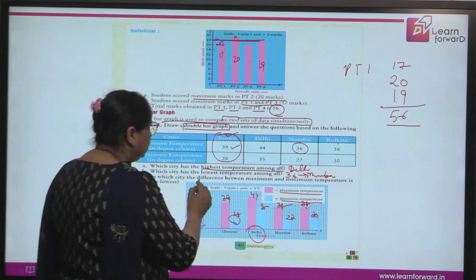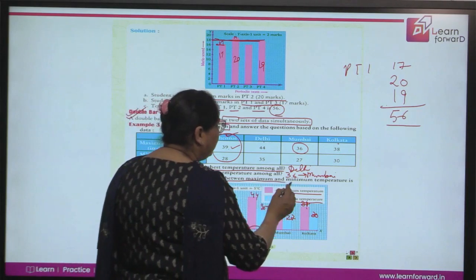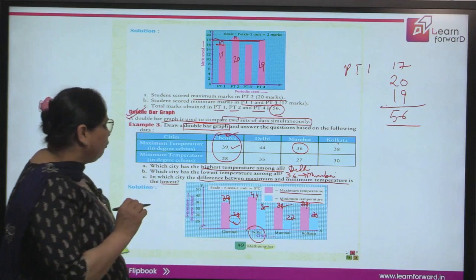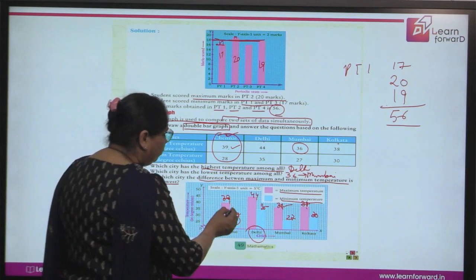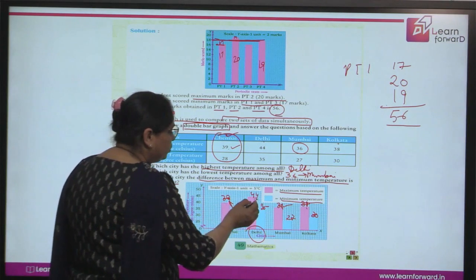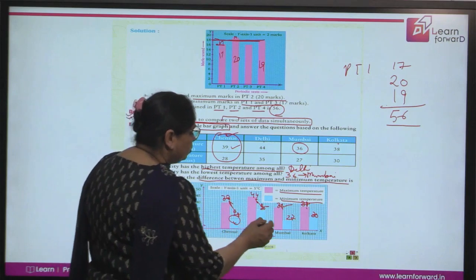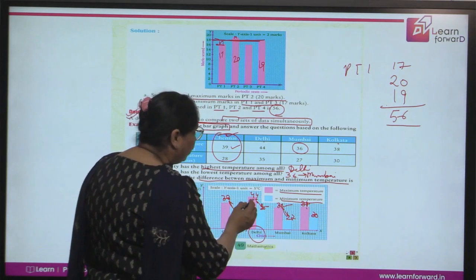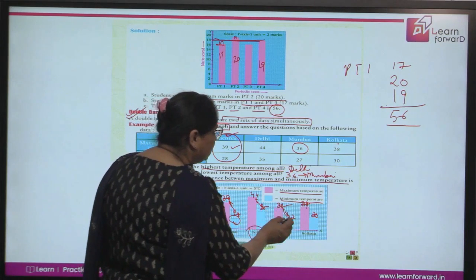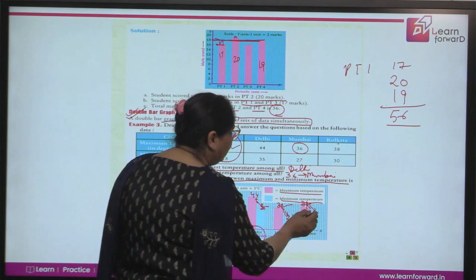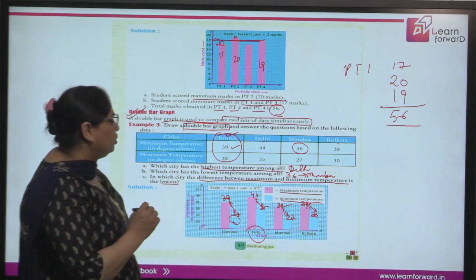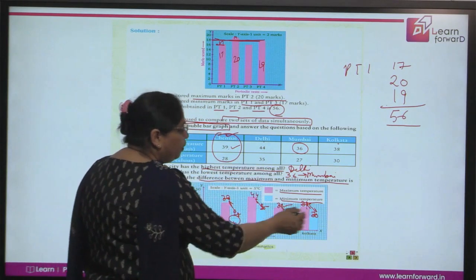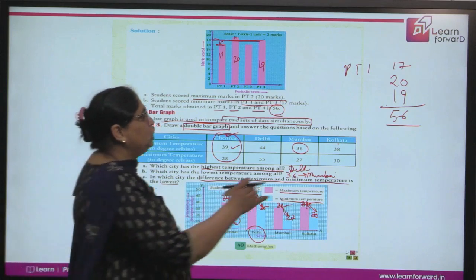In which city is the difference between the maximum and minimum temperature the lowest? Here the values are 39, 28, 44, 35, 36, 27, 38 and 30. Here also we can see, but looking at the graph makes it easy to calculate.